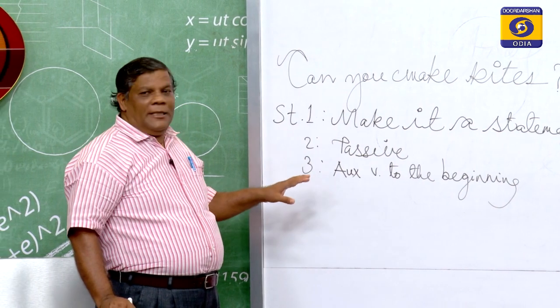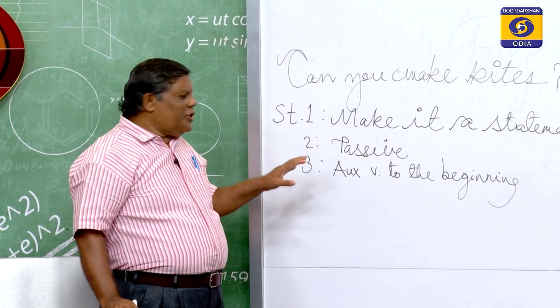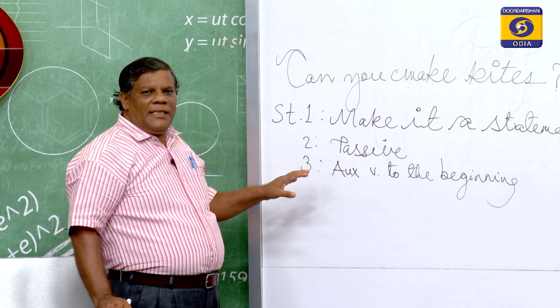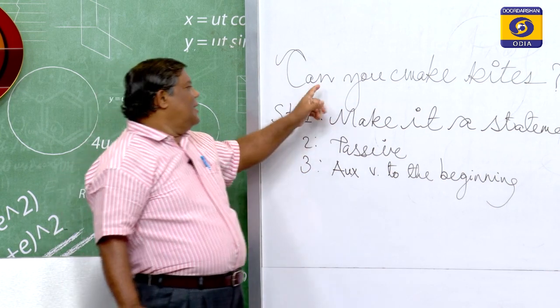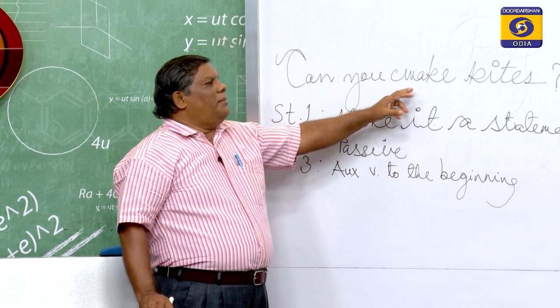This is very easy to follow and understand how the active sentences can be made passive. The first stage is make it a statement. Can you make kites?